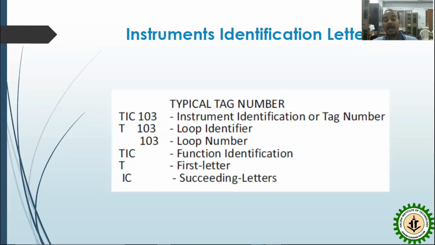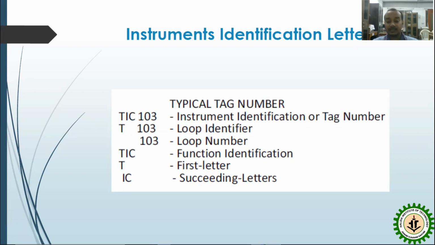The first letter and the number will give you the information about which type of loop it is. T stands for temperature. 103 is the loop number. That means this 103 loop is associated with temperature measurement and control. That's why capital T is associated with it. 103 is nothing but the loop number we are talking about.